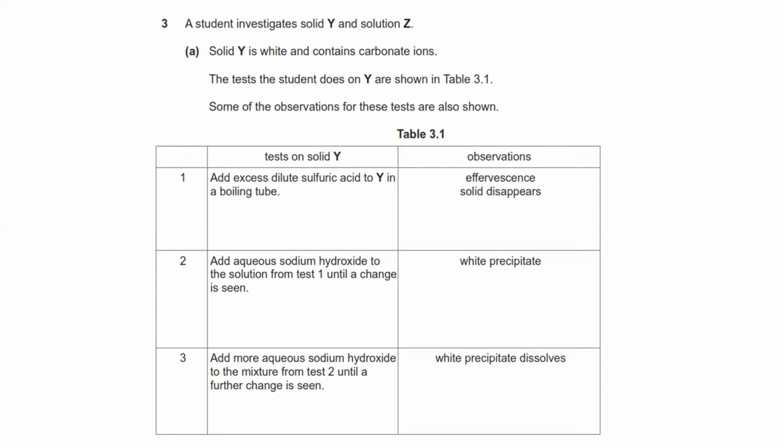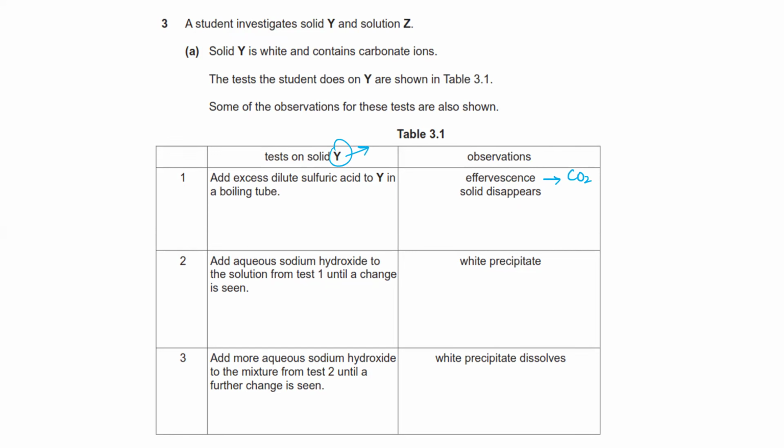Effervescence and solid disappears. Effervescence means that a gas is released, and effervescence occurs when you have carbon dioxide gas. And the solid disappears in the acid. So whatever the salt Y is, it contains a carbonate ion, and it also dissolves in sulfuric acid.